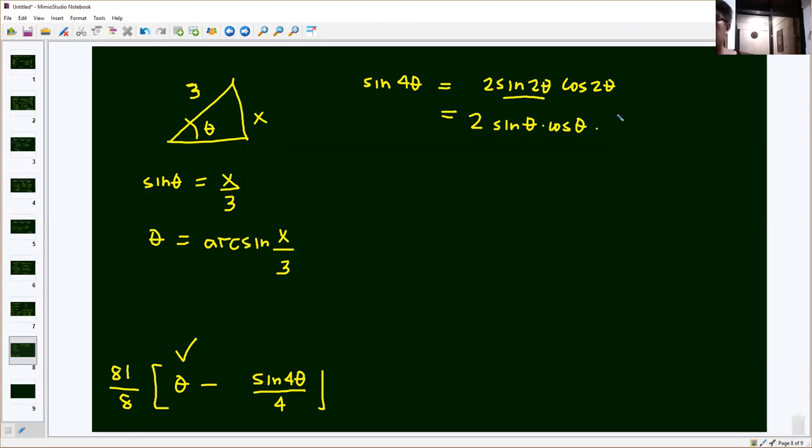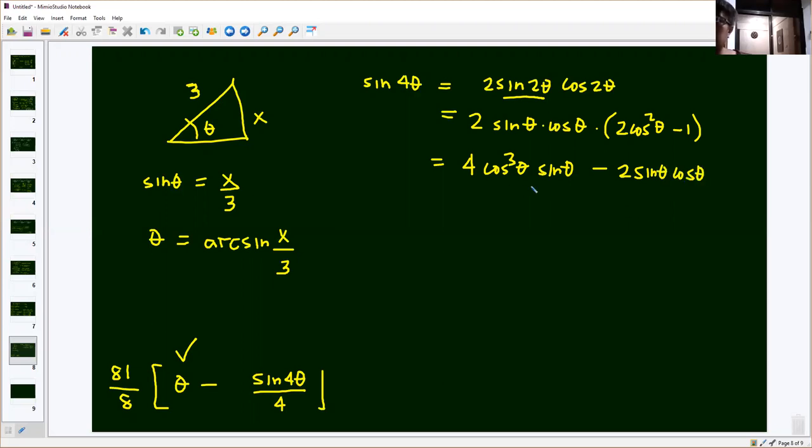Cos squared minus sine squared, or 1 minus 2 sine squared, or 2 cosine squared minus 1. Yun na lang pipiliin ko. See that? So, ayusin natin to. This is 2 times 2, 4. Then, pag dinistribute to, become cos cube, then sine. Then, minus 2 sine theta cosine theta.